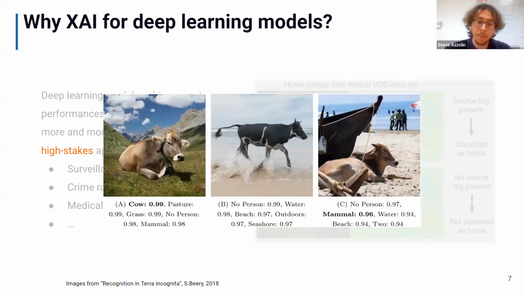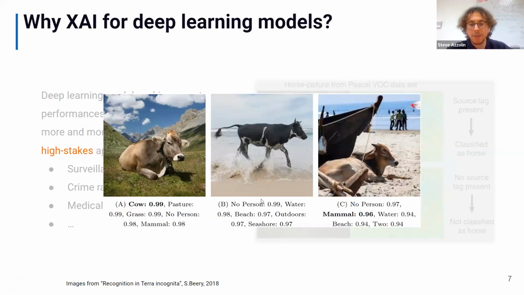Let me make another example. Here we have a detection system which, taking an input image, tries to predict everything it sees in the image. And in the first case, it correctly predicts the presence of the cow, the pasture, the grass, no person, and the mammal with high confidence, and everything works well.